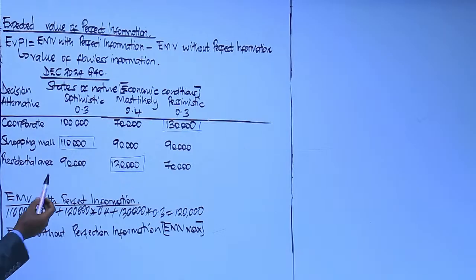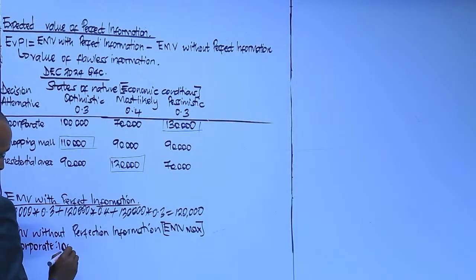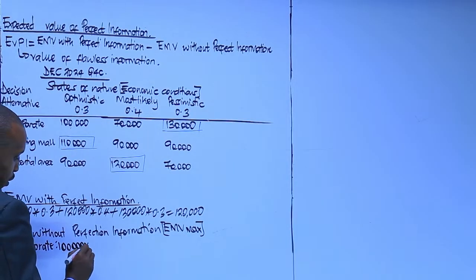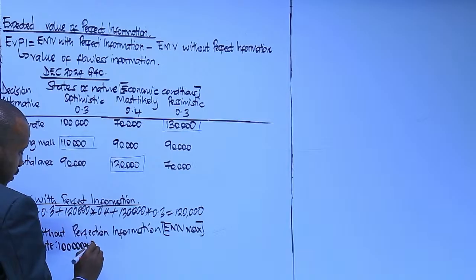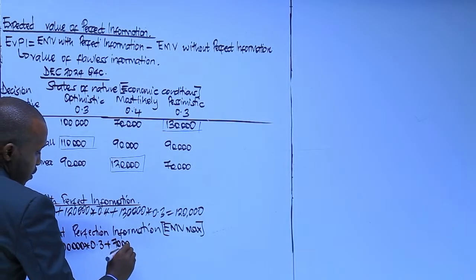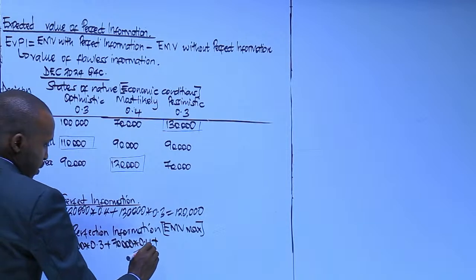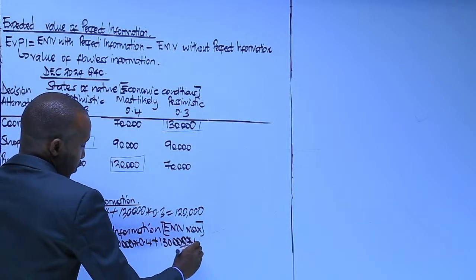You simply take your payoffs by the probability. For example, corporate, we have done this previously. Corporate, you're going to take 100,000 by 0.3 plus 70,000 by 0.4 plus 130,000 by 0.3.